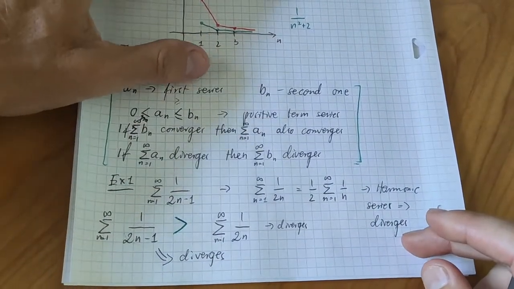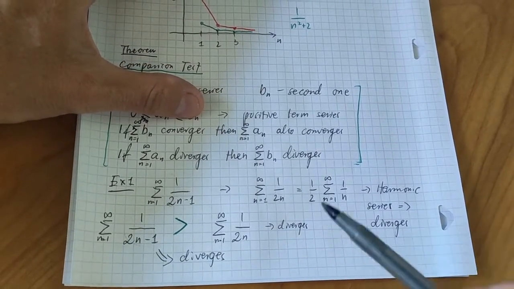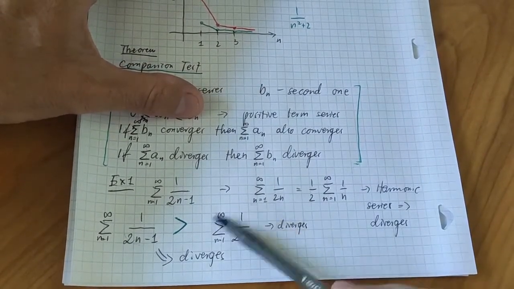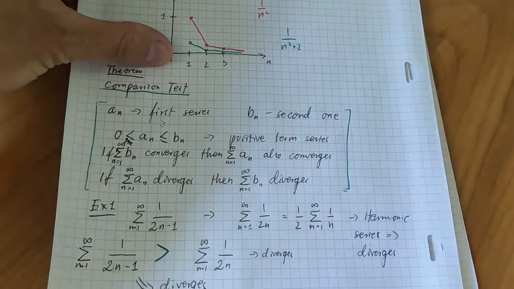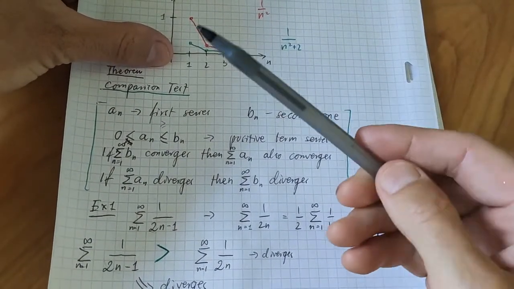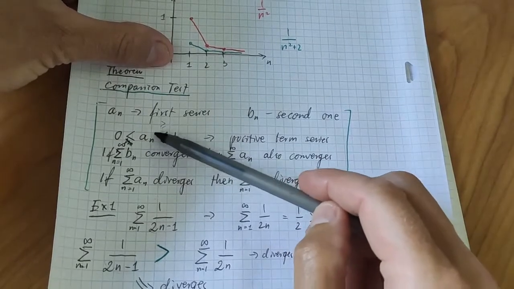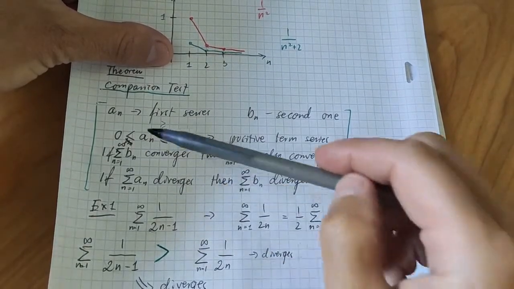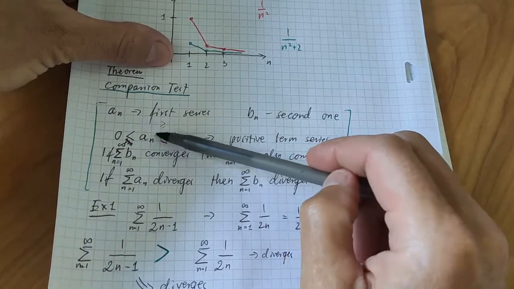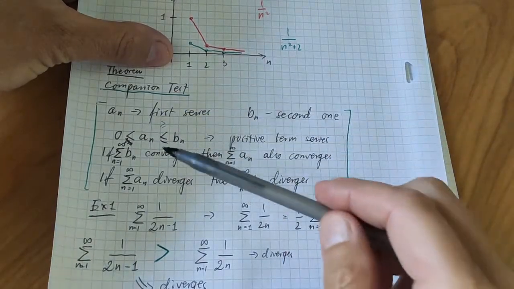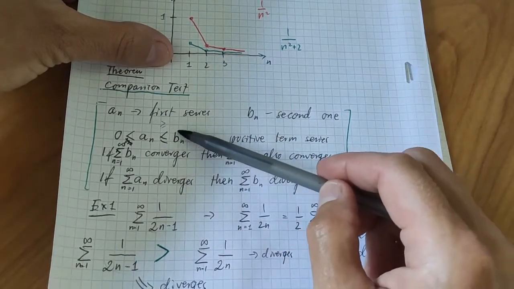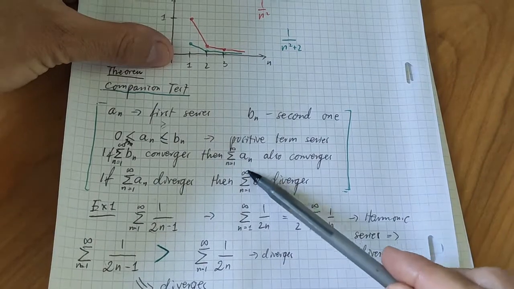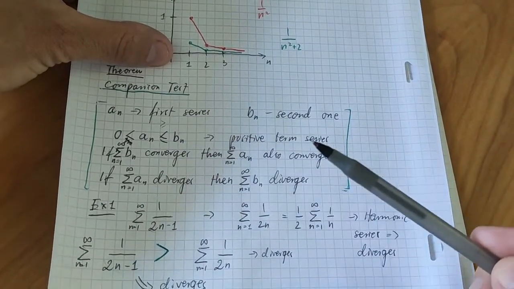Okay. So I know the one that's smaller, right? So let's look at the, oh, it's right here. I know that this one, this is my 1 over 2n, diverges, and it's smaller than the one I'm trying to find, that one, and therefore I can conclude that the other one, this one, diverges.